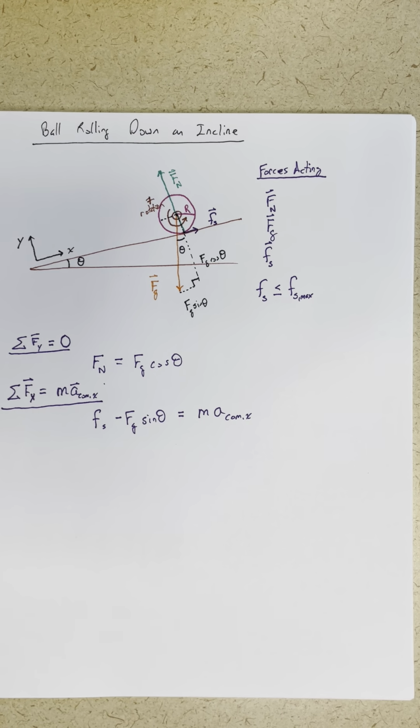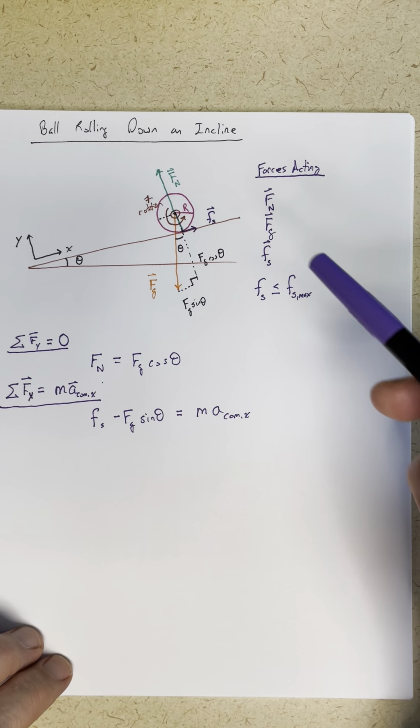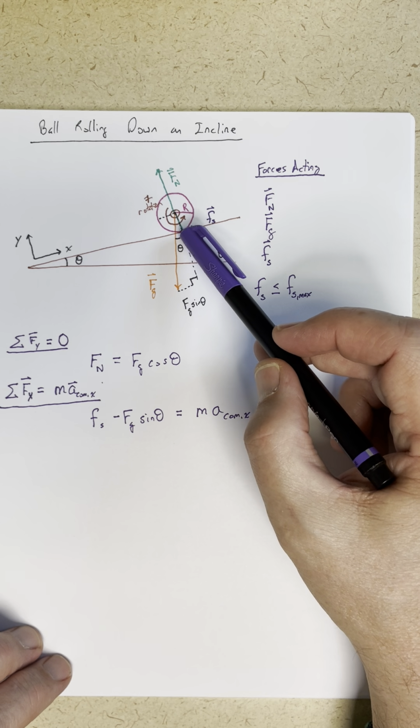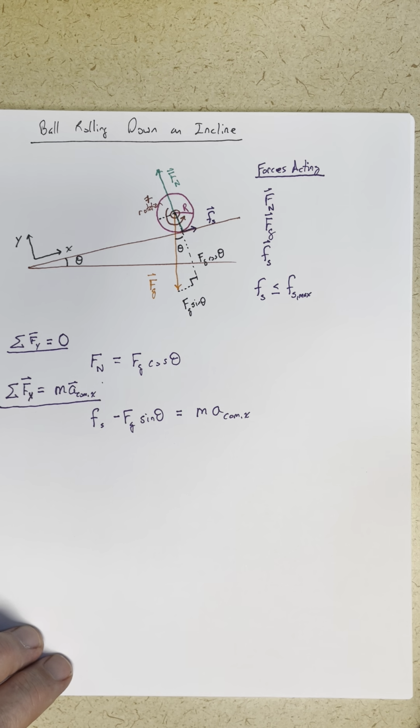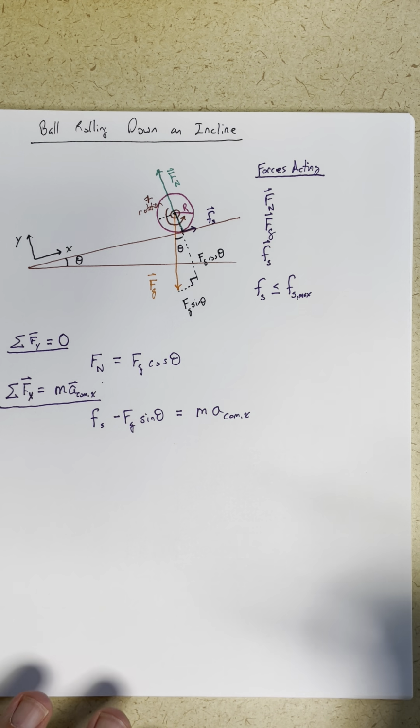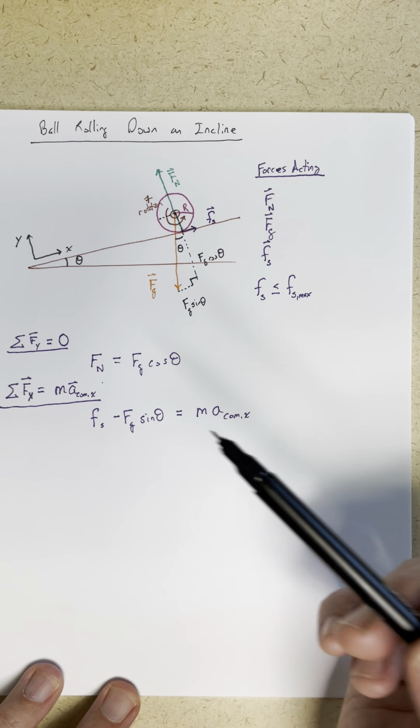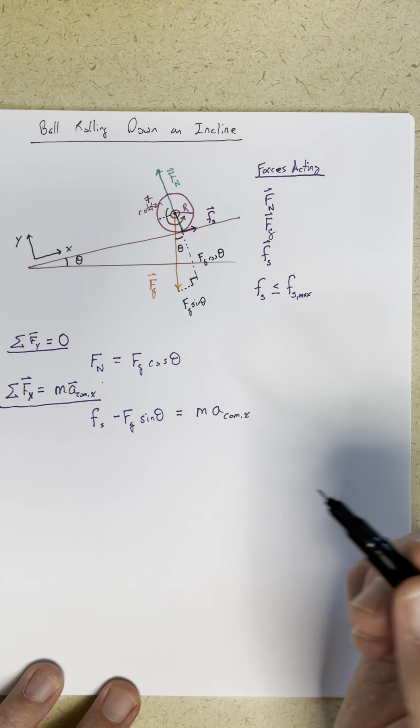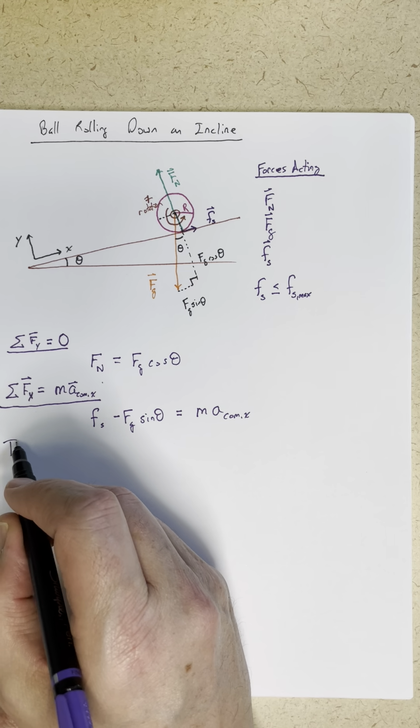As an exercise for yourself, you should try the same idea, but put the rotation axis at the point of contact between the ball and the inclined plane and see what insight that leads you to. So we have the sum of forces. We also need to have the sum of the torques. So let's talk about that.